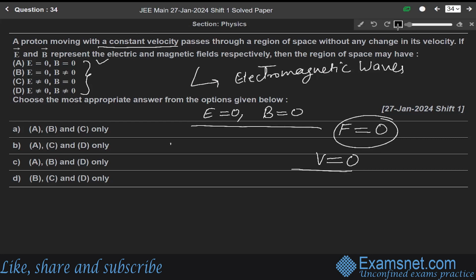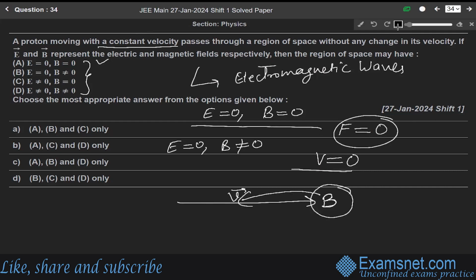Second one is E is 0, but B is not equal to 0. It means that if velocity is applied in this direction in a given region of the magnetic field, there will be no change in the velocity. The velocity itself will remain constant. So option B is also correct.